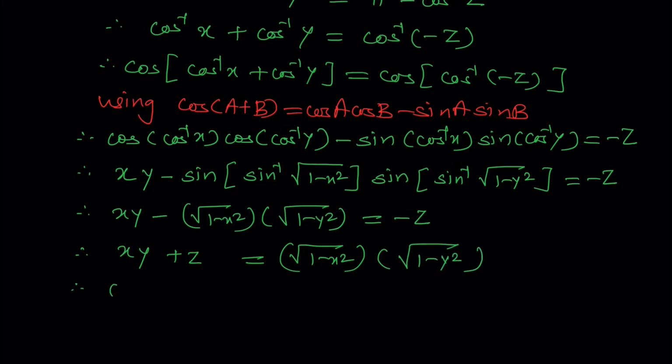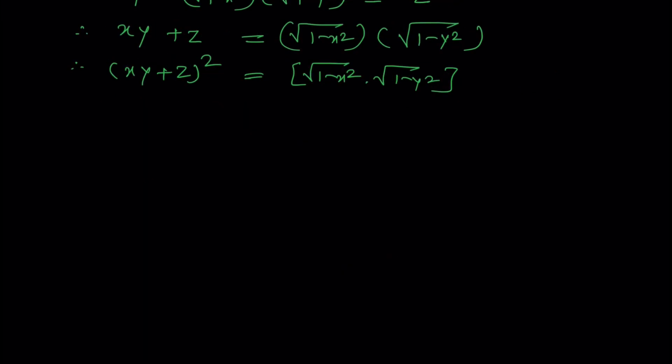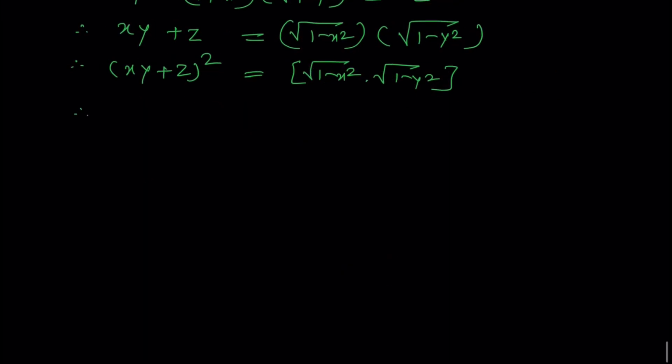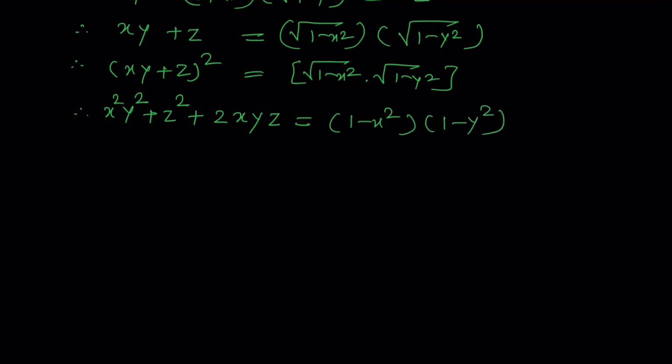And now squaring both sides. So xy plus z whole square is equal to root 1 minus x square into root 1 minus y square whole square. Therefore, x square y square plus z square plus 2xyz is equal to 1 minus x square into 1 minus y square.